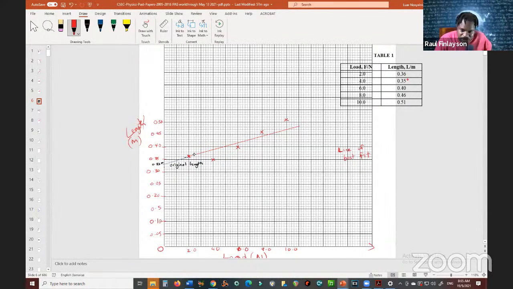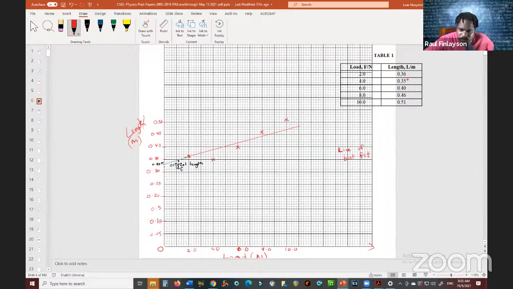When it doesn't start from 0, it means the original length is included. In this case, it is actually subtracted. Subtract means to go back, and that's why you draw this dotted line back to the original length.